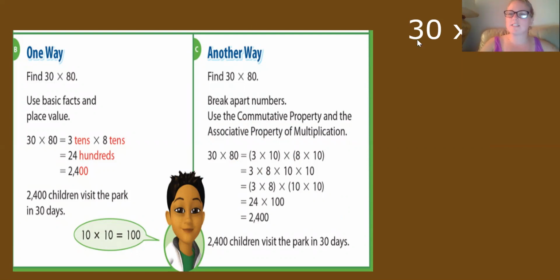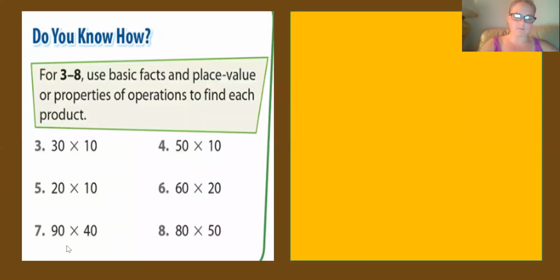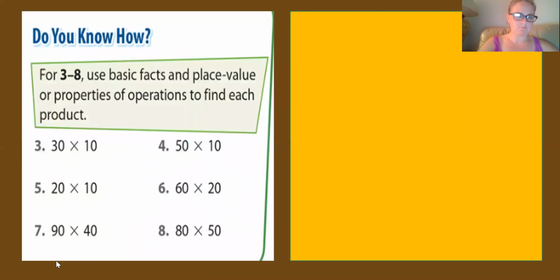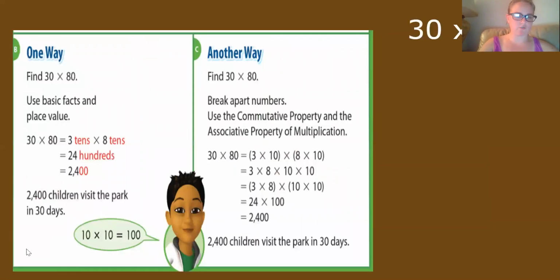So I don't know if you can see, I think the video is blocking my problem here, but I have 30 times 80. So I'm trying to get my pen. Don't know why my pen won't show up. Oh, it's way down here. Hold on.